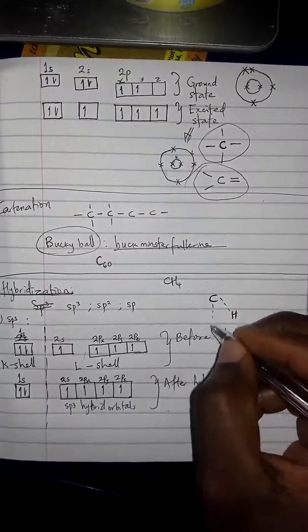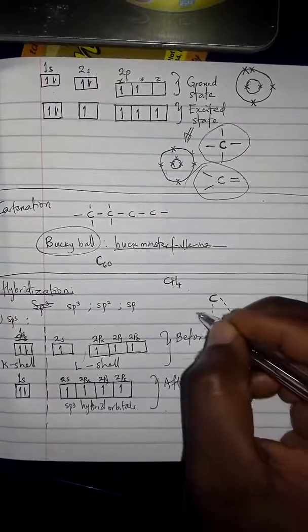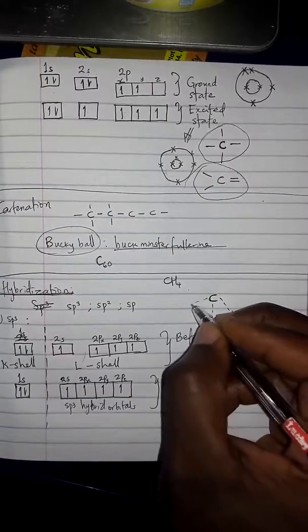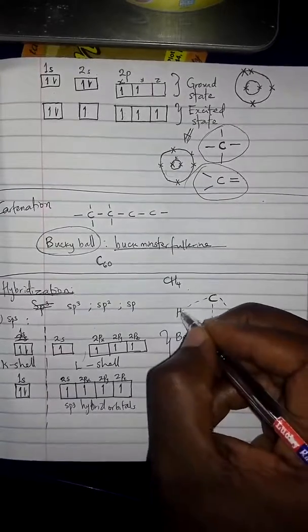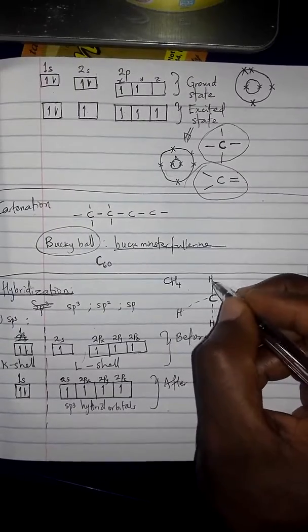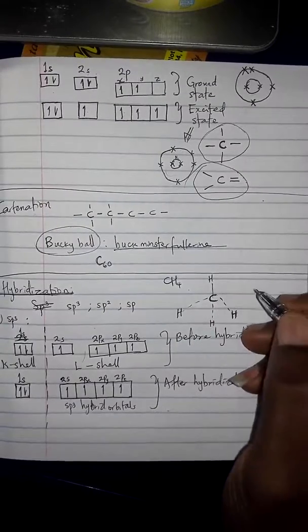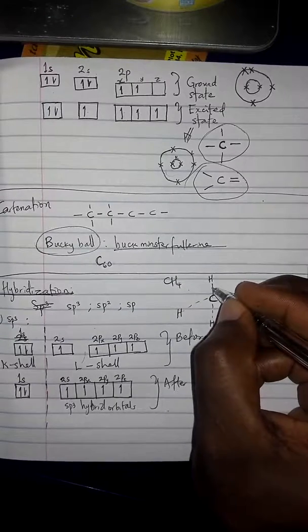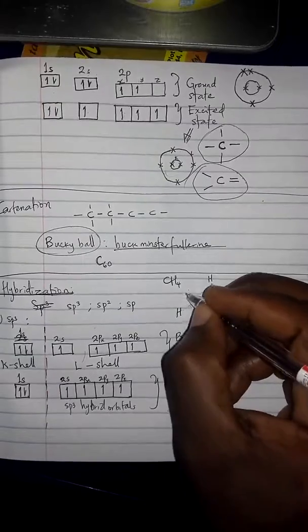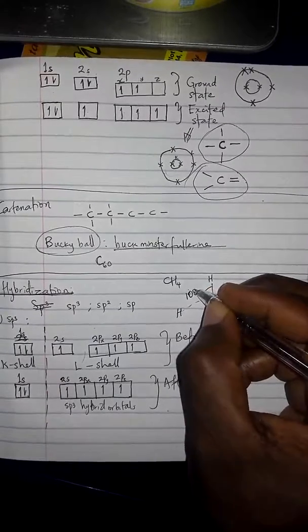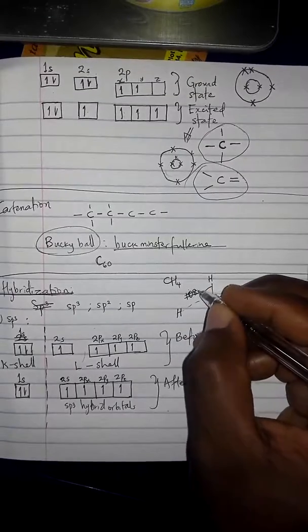You have another hydrogen right here, another hydrogen right here, then here you have another one, hydrogen. Such that this angle, for instance, is 109.5 degrees.